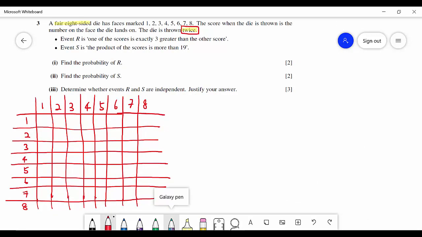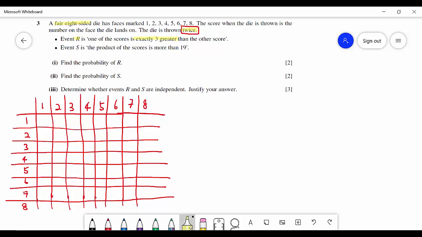Now we are going to label all the events defined in the question. Let's look at event R. What is event R? Event R means one of the scores is exactly 3 greater than the other score.